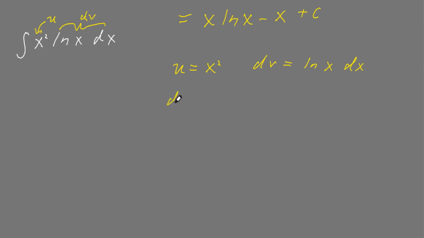Then du is just going to be equal to 2x dx by the power rule. And v is going to be equal to the integral of natural log of x dx. But we just did the integral of natural log of x, and this is the result. So v is equal to x times ln of x minus x.